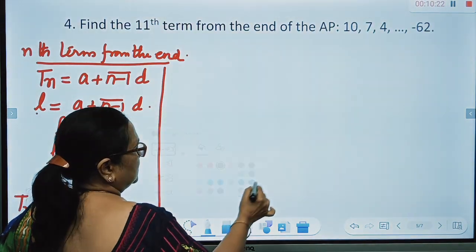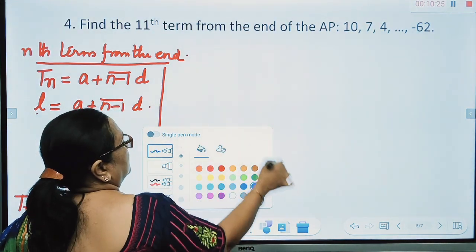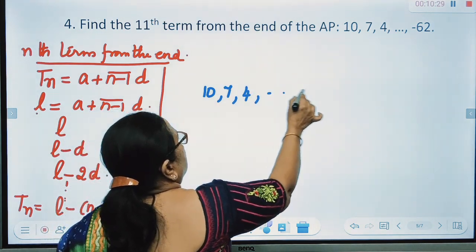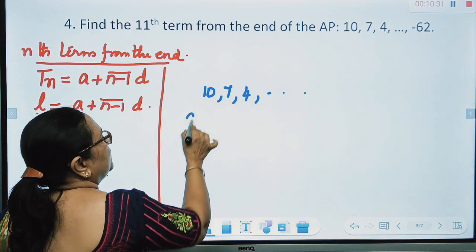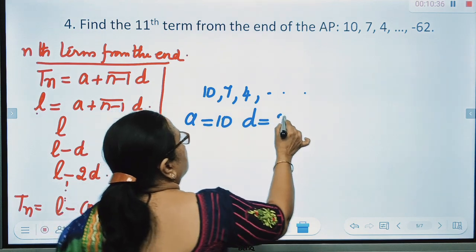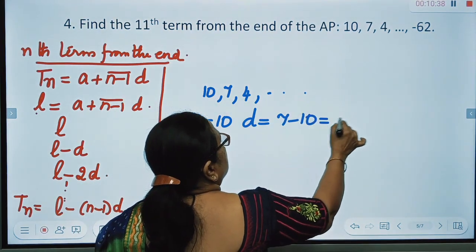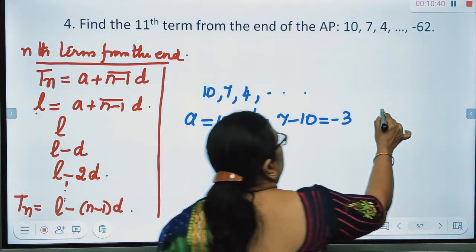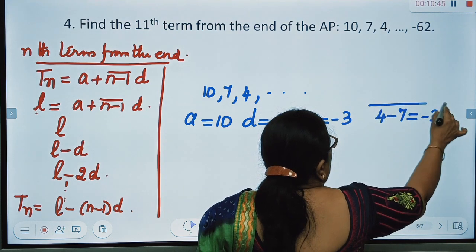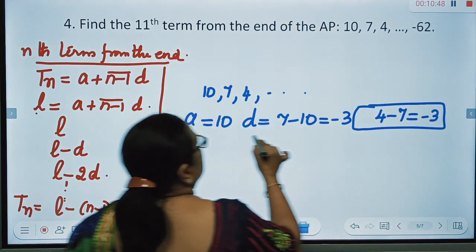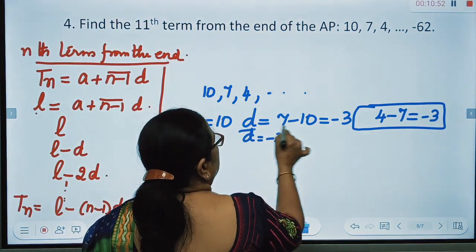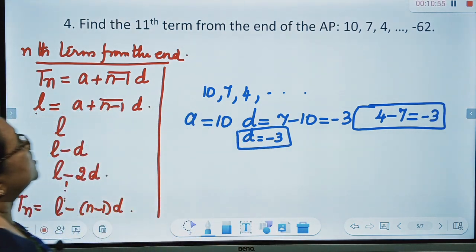Okay. Now let us look at this AP. The AP is 10, 7, 4, etc. So what is the first term? It is 10. What is the common difference? 7 minus 10, which is minus 3. 4 minus 7, which is also minus 3. So D equal to minus 3. Now what is it you have to find?